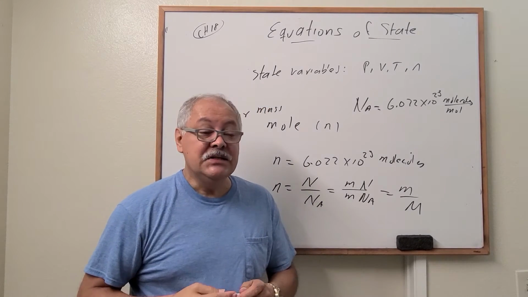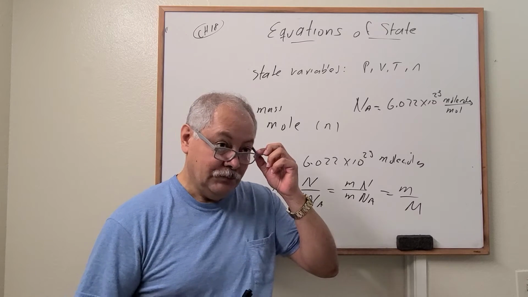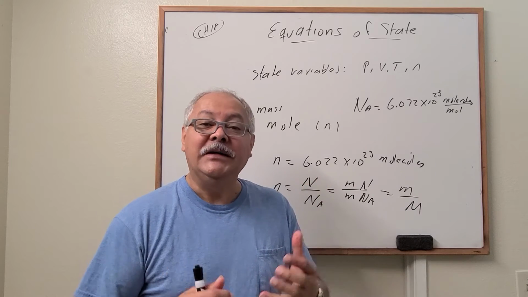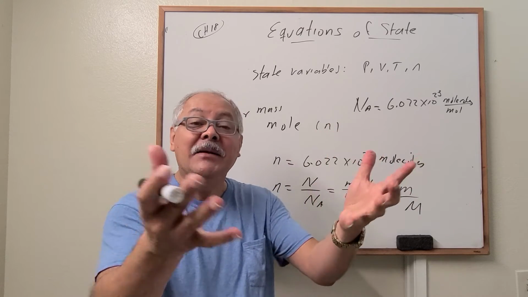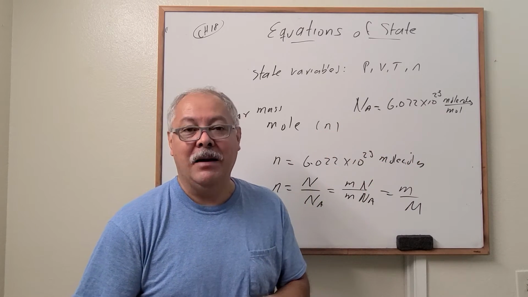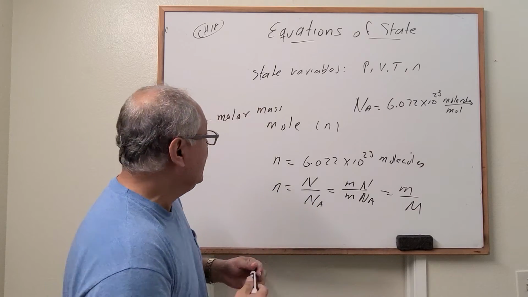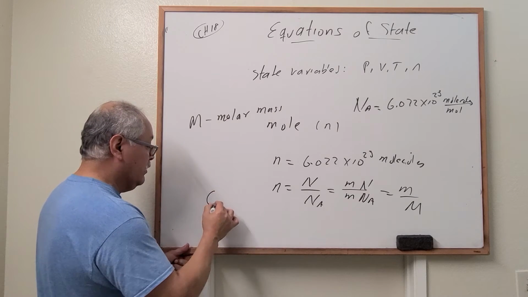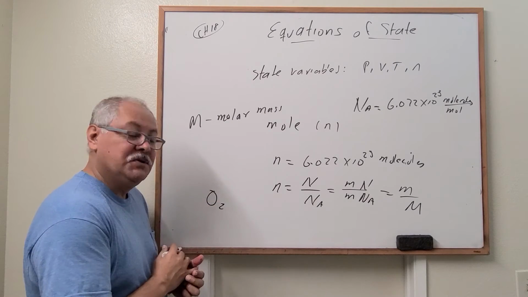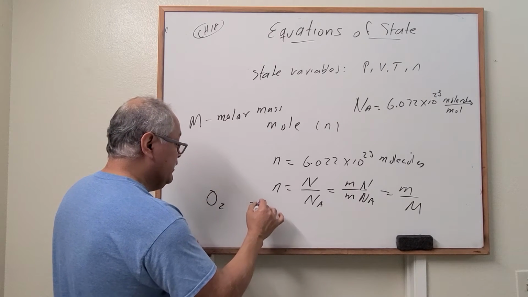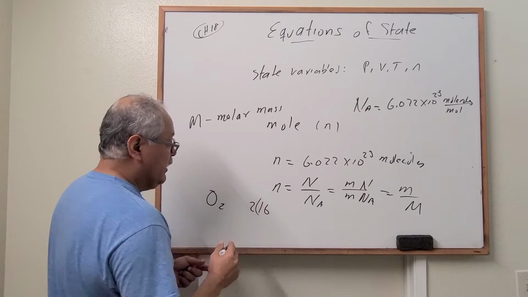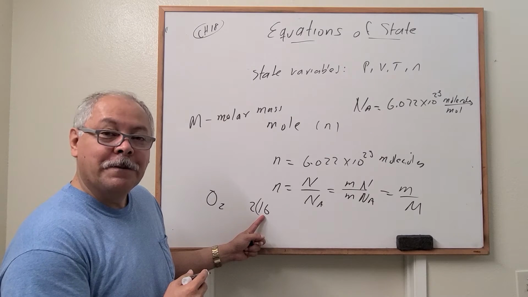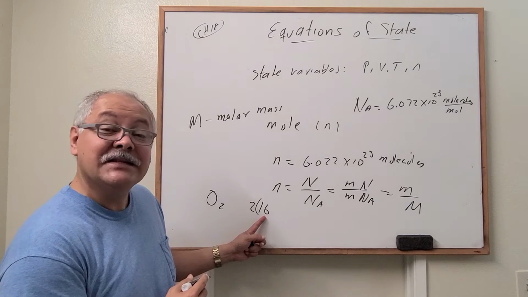The molar mass is just the molar weight of an element expressed in grams. For example, the molar mass of the oxygen molecule is 2 times 16. Remember, the atomic mass for oxygen is 16.